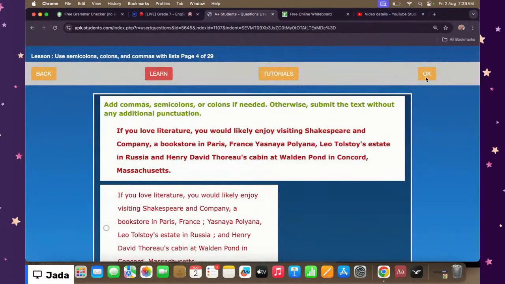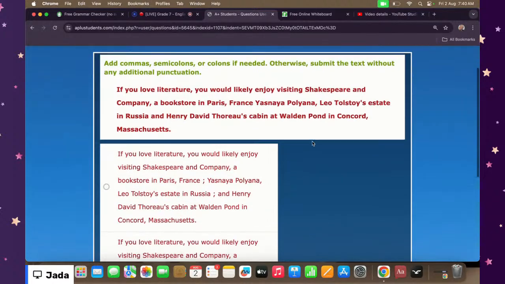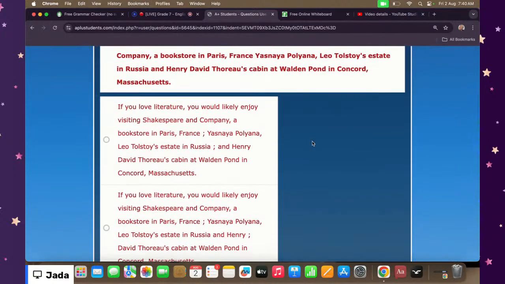So, if you love literature, you would likely enjoy visiting Shakespeare and Company, a bookshop in Paris; Francis Leo's estate in Russia; and Henry David's cabin at Walden Pond in Concord. Okay, now we have to check.